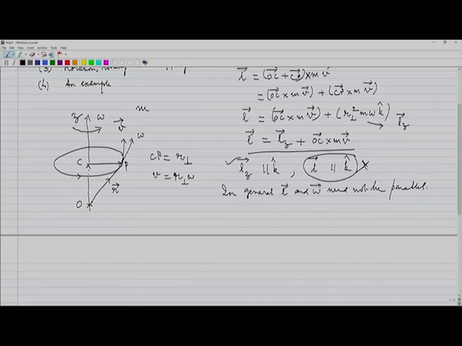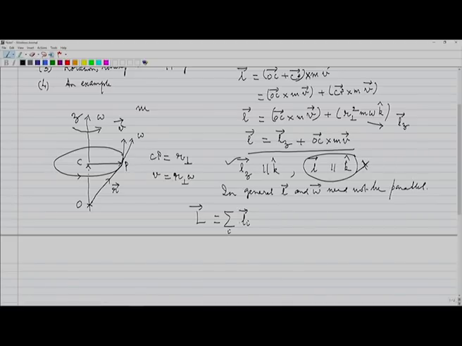But in the case of an object rotating about a z-axis, that too for symmetric bodies, L and omega are parallel. Now we will calculate what the total angular momentum is. This whole body is made up of so many masses. Therefore, the total angular momentum is the sum of all the angular momenta, because angular momentum is a vector quantity.